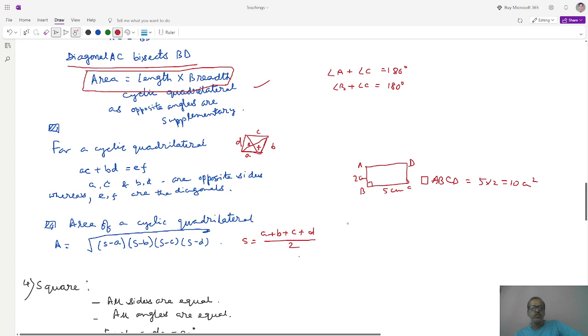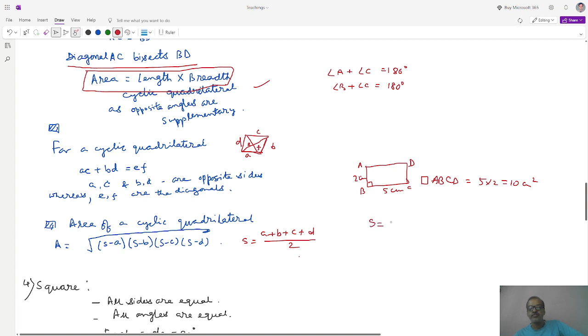If we use this formula to find the area of this rectangle, what will we find? Let us see.